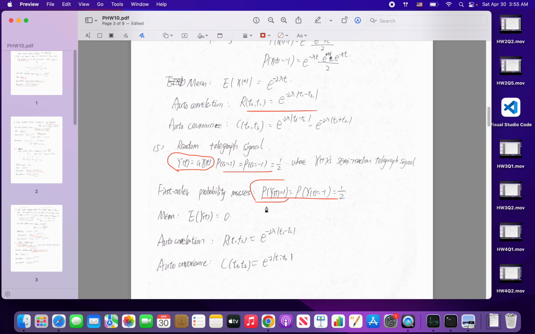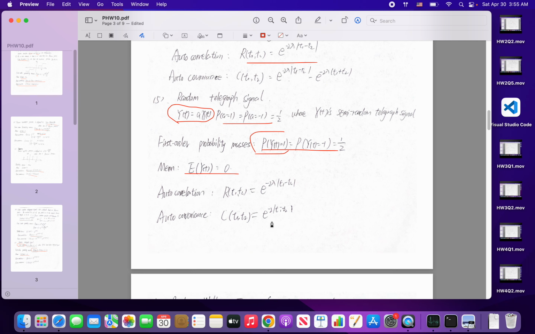So this is 1 over 2. And for this, A is 1 and X(t) is minus 1, or A is minus 1 and X(t) is 1. So we can get Y(t) is equal to minus 1, and it's also 1 over 2. And the mean is this. The autocorrelation is this. The autocovariance is this.